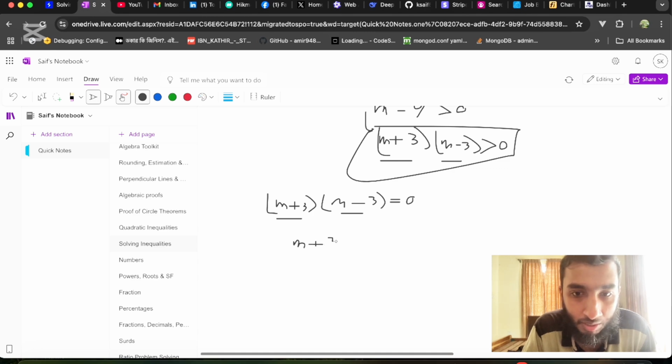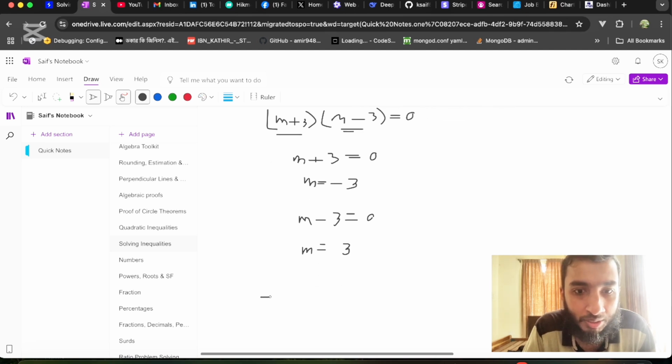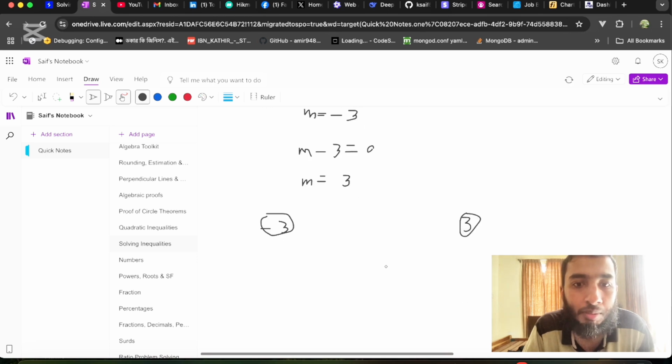So if m plus 3 is 0, then m is what? The value of m is minus 3. And if m minus 3 equals 0, then I get m equals plus 3. So the two critical points of the variable m are minus 3 and 3.